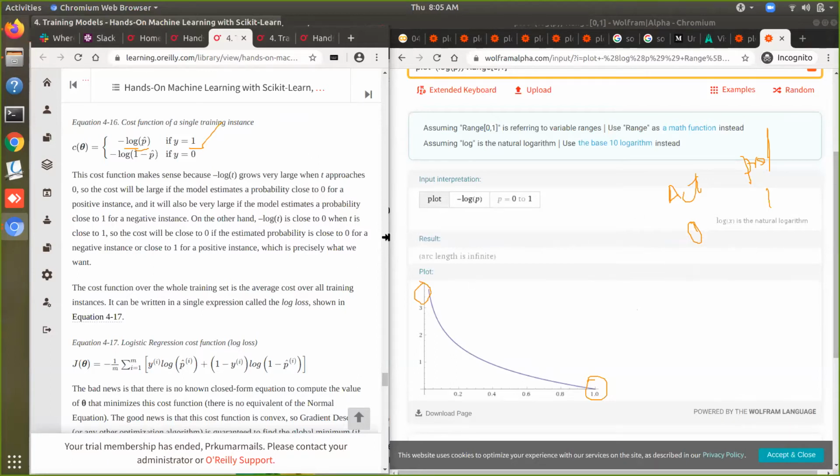Now let me just write something here. I just wanted people to remember that P hat is defined as the probability of having class 1. Sorry, that's bad, but better than nothing.